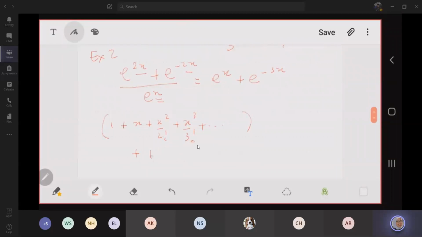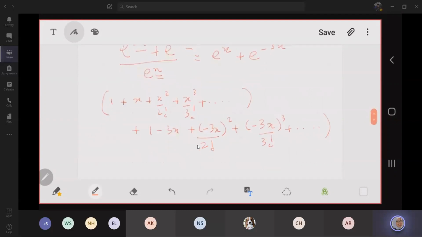So you get 1 minus 3x plus (minus 3x) squared on 2 factorial plus (minus 3x) cubed on 3 factorial plus dot dot dot, and then solve it.